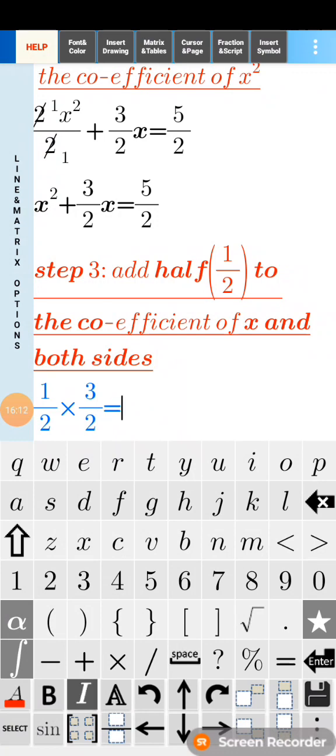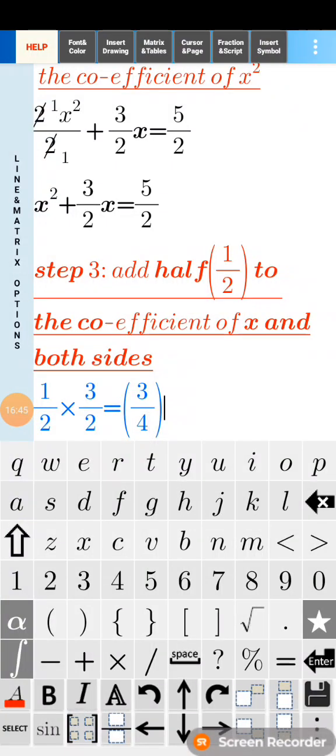Now when I multiply, 1 multiplied by 3 will give me 3. Let me put them in brackets. Then in the denominator, 2 multiplied by 2 will give me 4.